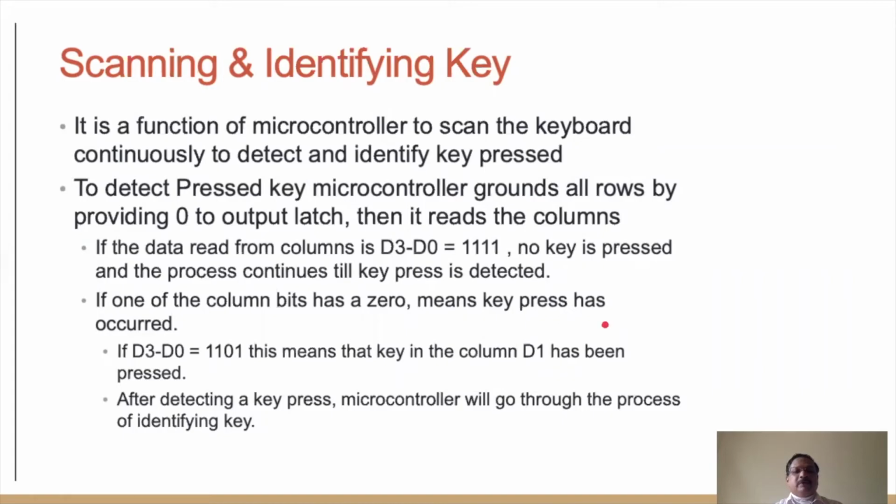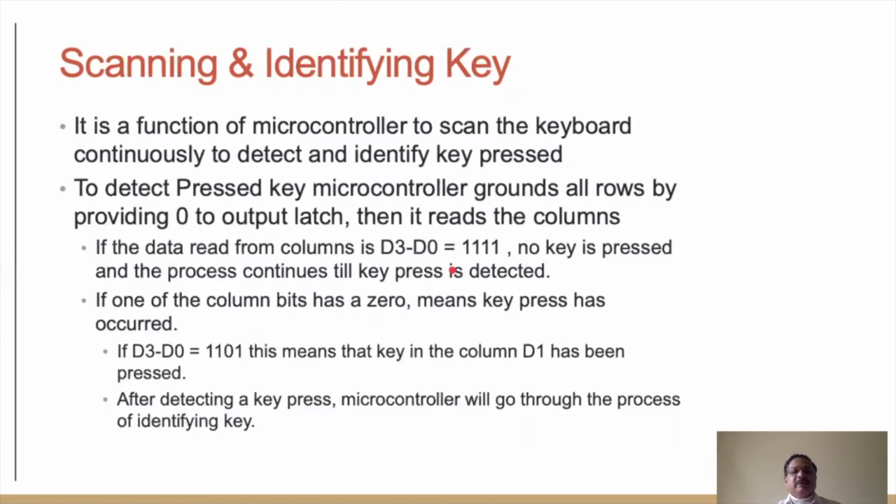So the microcontroller will continuously check whether any key is pressed or not. To detect the pressed key, initially the microcontroller will send 0 on its output port, and then it reads the columns one by one. If the data read from the columns, bit 0 to 3, is all ones, that means there is no key press, and the process will continue.